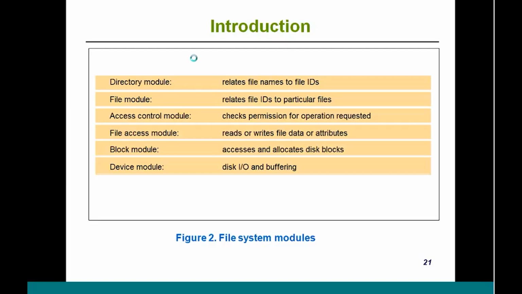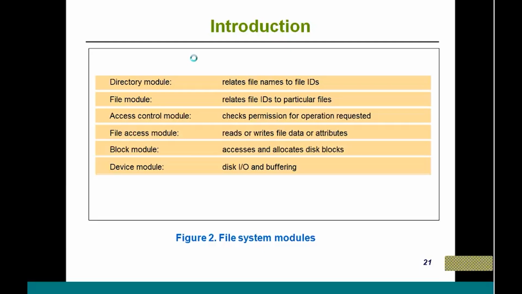And then the access control module checks for the permission of the operation that is requested. We also saw this in the beginning of lecture 2, where we could assign the files various properties or permissions, like read, write, execute. So the access control module checks for that. The block module accesses and allocates the disk block.